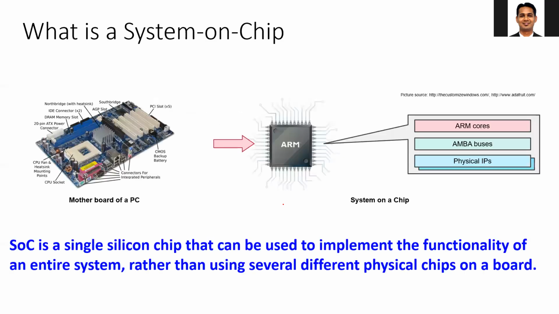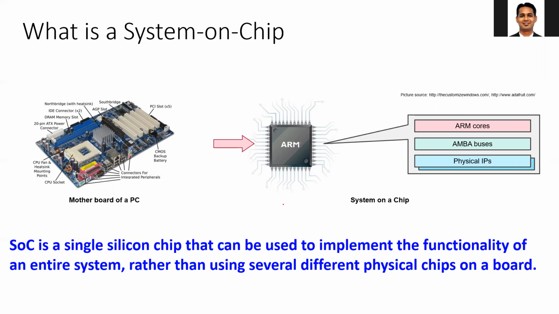Before going into the details of these platforms, we first understand the difference between the system on board and the system on chip. A system on chip is a single platform that can be used to implement the functionality of your entire system instead of using several different chips on a board.